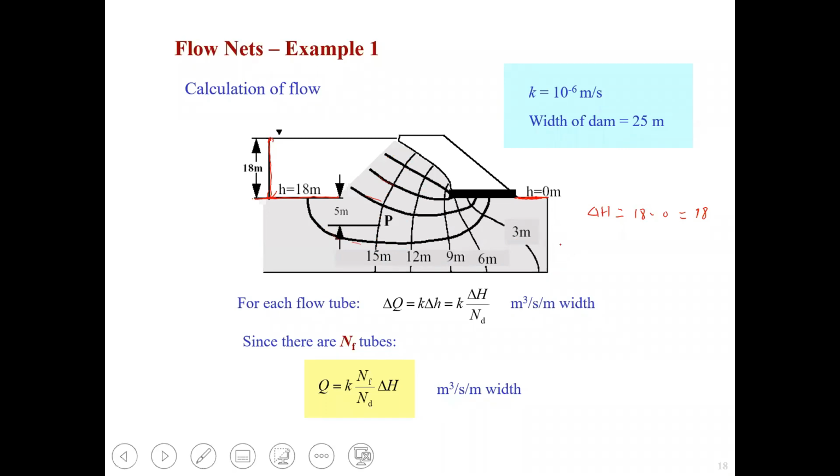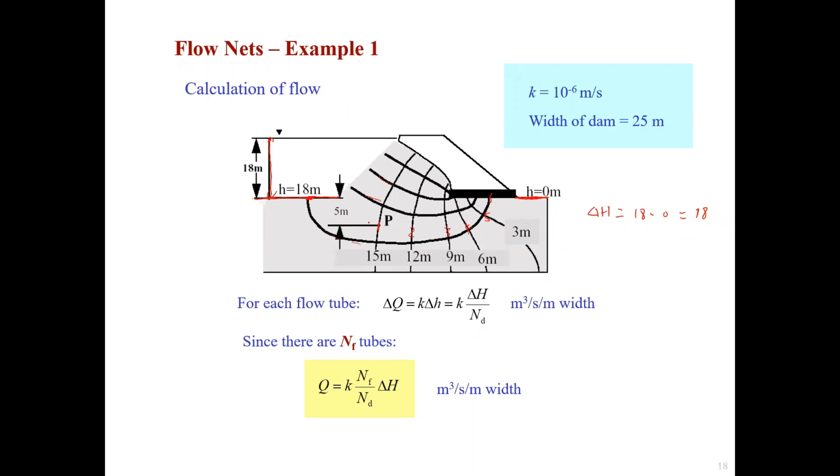So we count the equipotential lines for the head drop. We count from here, that's the original water head. That's 1 head drop, that's 2 head drops, and that's 3, 4, 5, and that's 6 head drops. So in total, there are 6 head drops.